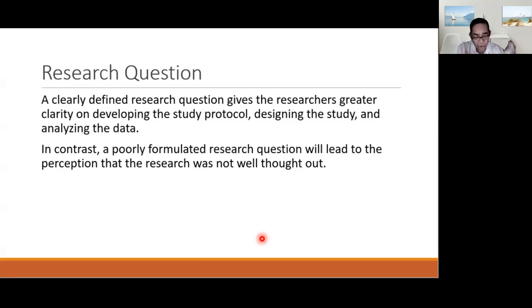The research problem should be clearly and specifically defined, because you cannot clearly define the research question if in the first place the research problem is not clear and specific.